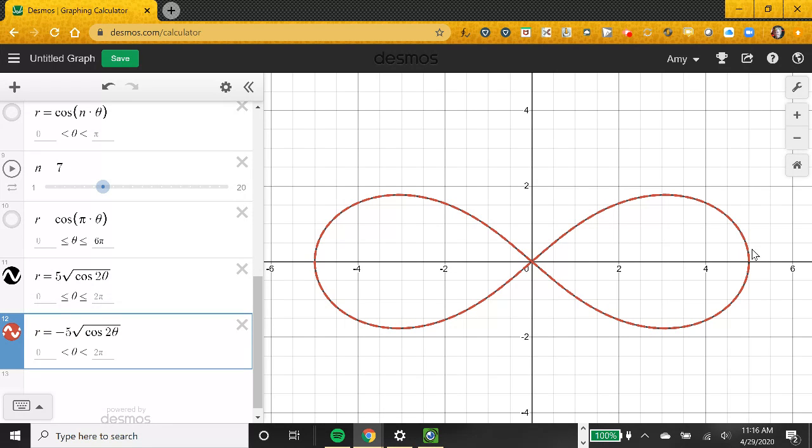You know how we started off on this side over here and went and bounced off like this? Yeah, well, we would go the other direction, right? We'd start at negative 5 and then bounce off here and go this way. So if we started with the positive square root of cosine 2 theta, we started this way and then we went to the pole, bounced off, and came this direction.